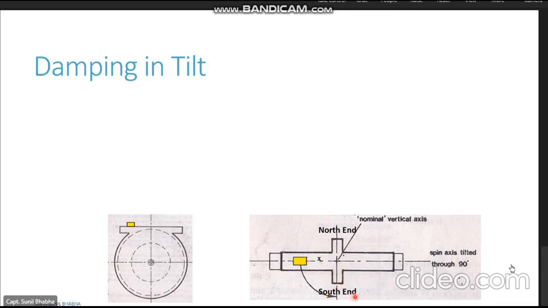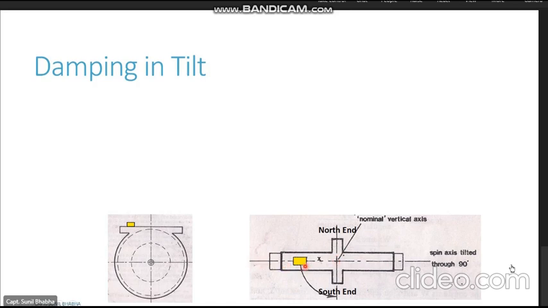This is the south end now tilted downwards, and in this condition you will be able to see the top part of the casing. So you are actually looking at the flat portion, the top part of the casing, and this yellow weight which is fitted on top of the casing in the plane of the rotor.